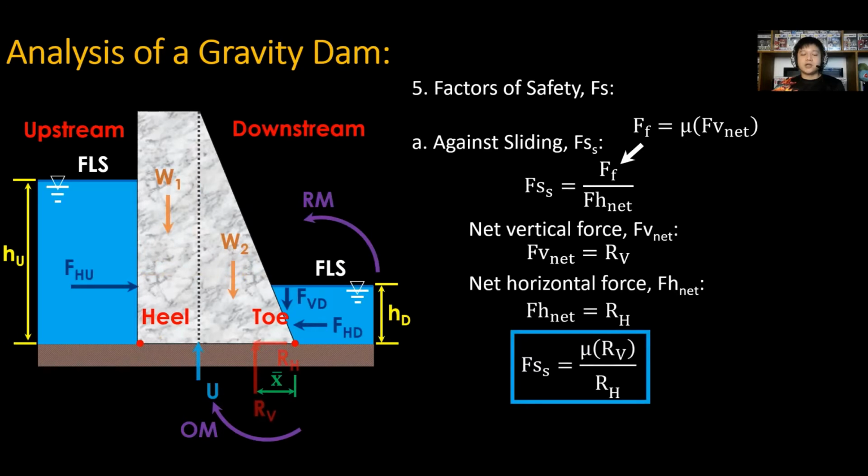Updating the equation, Fs sub S is equal to mu times Fv net, or RV, over Fh net, or RH. And the conservative factor of safety for the sliding for the design is 1.5. But as long as Fs sub S is greater than 1, ideally it is still safe.